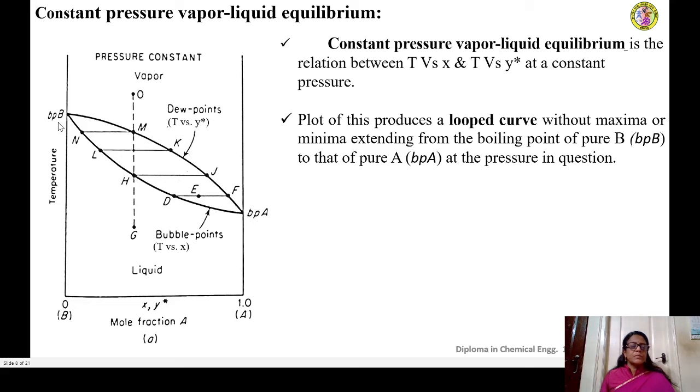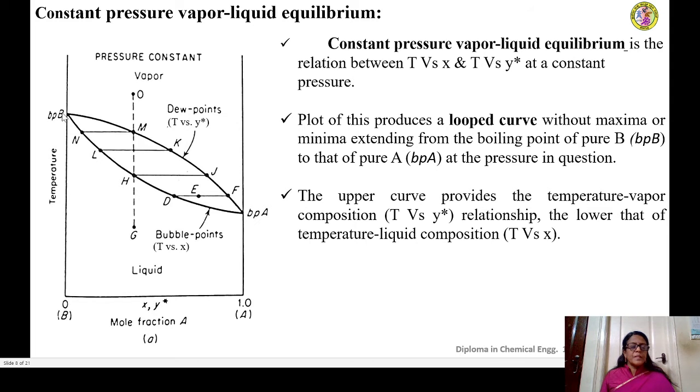When this relationship is plotted on an xy diagram, it produces a looped curve that extends from the boiling point of pure B to the boiling point of pure A without maxima or minima. This is how you get a plot of T versus y star and T versus x for the given system at the total constant pressure in question.